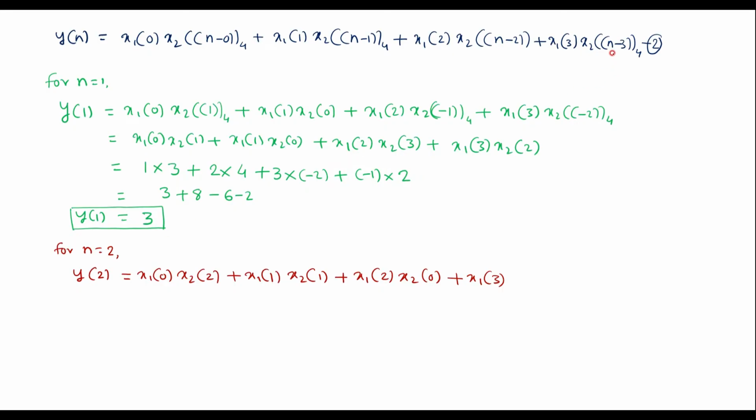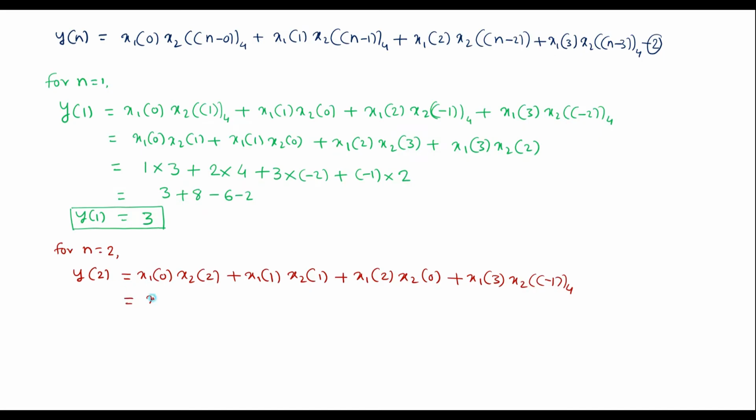n is equal to 2. That is 2 minus 3 is minus 1. So whenever we get a minus value, we are supposed to keep it like this. That is 2 minus 3 is minus 1, 4. Here all are positive values, so I have not taken it as double circle with 4.